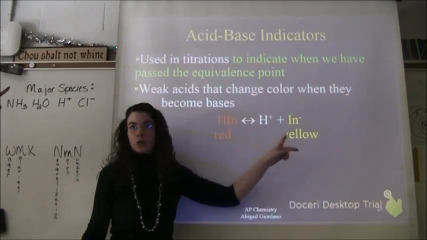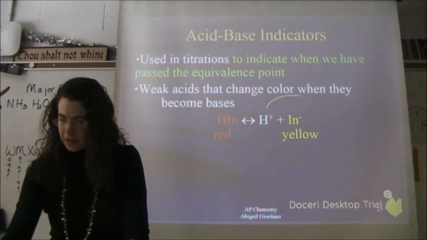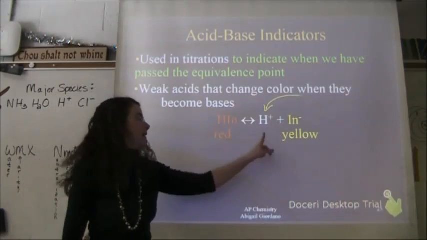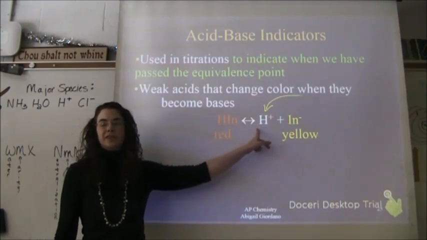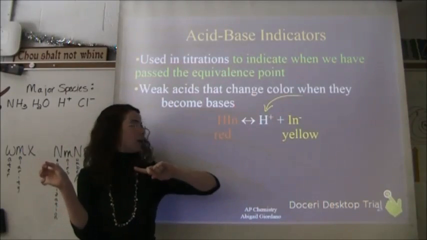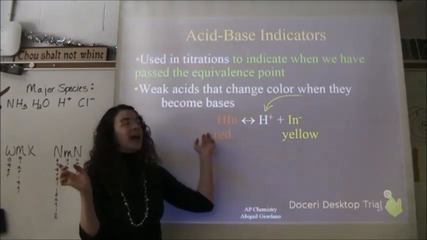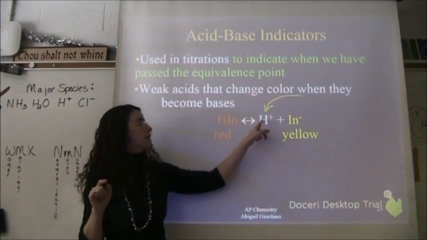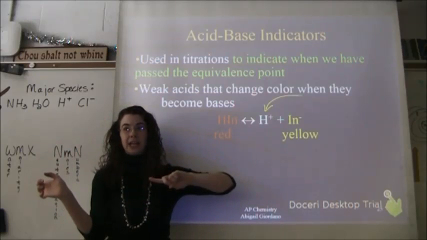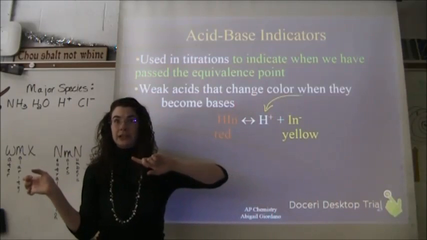Imagine in this equation, if I add lots and lots of H+, which way will this shift? That way. If I add a few drops of this methyl red indicator to something very, very acidic, it will be red in its color.